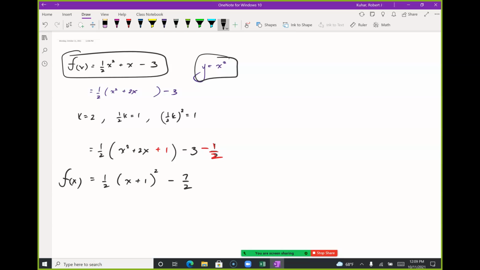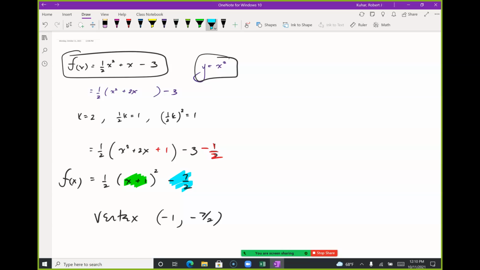And I can see certainly that I've got a transformation of x squared, right? And so my vertex is at -1, -7/2. Remember, I'm going to do the opposite of the x and keep the y. And I believe that's where your issue is.